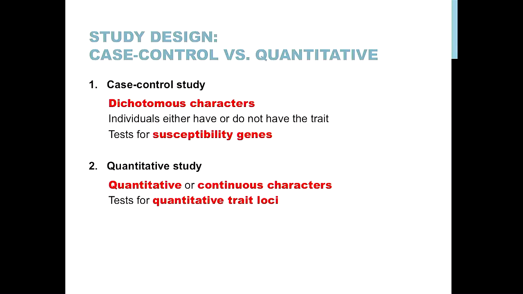Either individuals have or do not have the trait, and this tests for susceptibility genes. Another type of study design is quantitative. This measures quantitative or continuous characters, and they test for what's called quantitative trait loci, which is just saying quantitative trait and where in the genome the association is occurring.